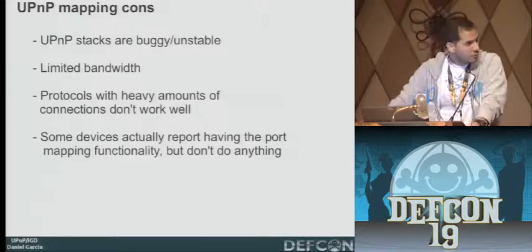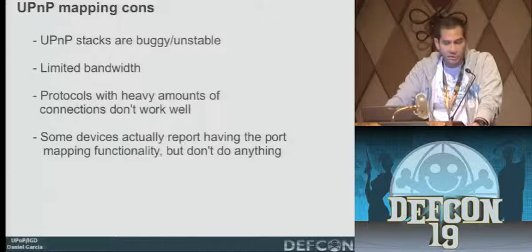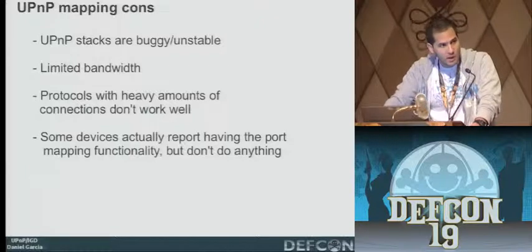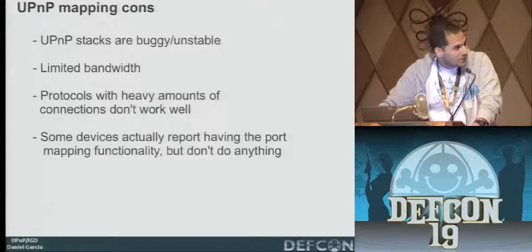So what are the cons with UPnP mapping? A lot. First of all, the UPnP stacks are buggy and unstable. It was kind of hard, or not that hard, programming UMAP. The one being distributed on the CDs is very buggy, so I would suggest just downloading the new version when I release it tonight on the site.